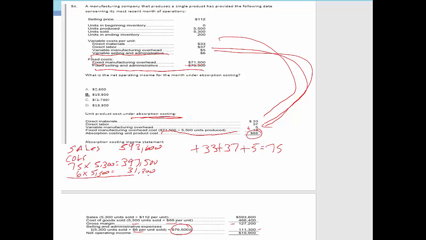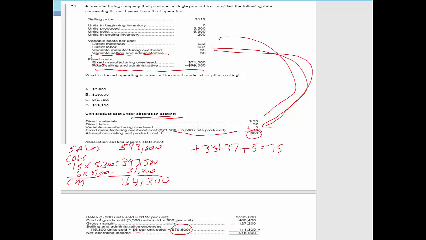So when I take all that off, I'm going to take all my variable costs. I'm going to end up with my contribution margin, right? When I take all that off. So that gives me contribution margin of $164,300, you say?